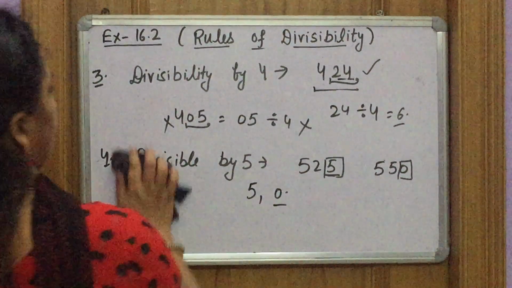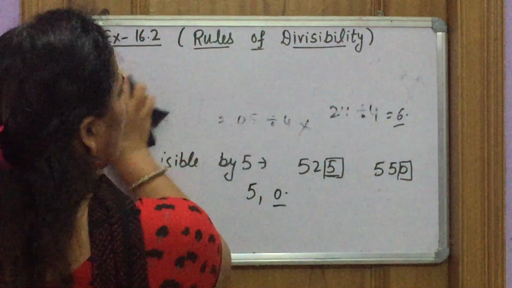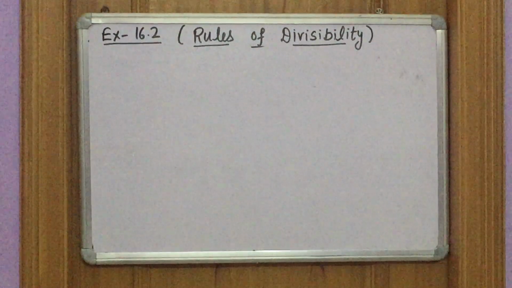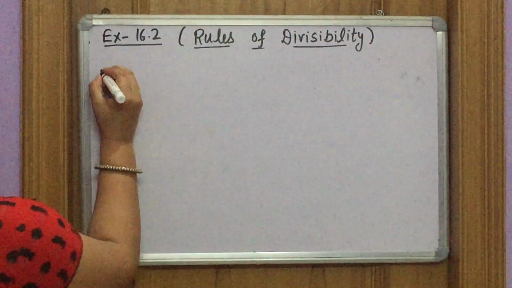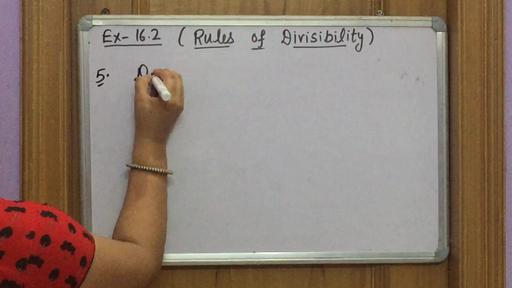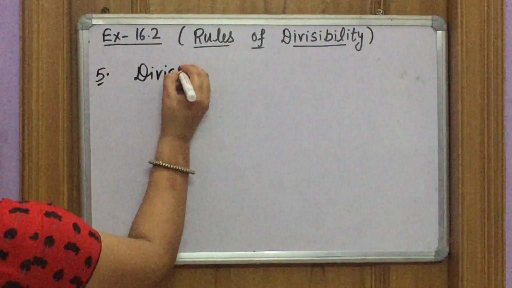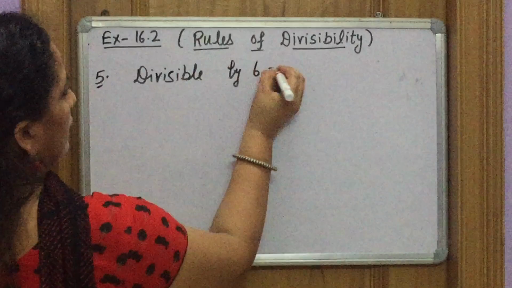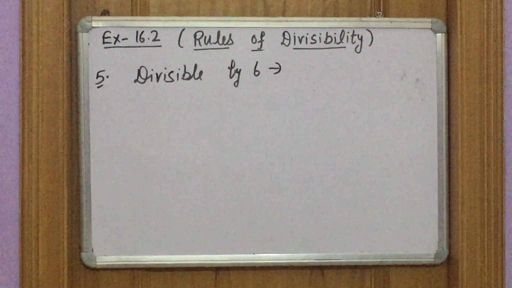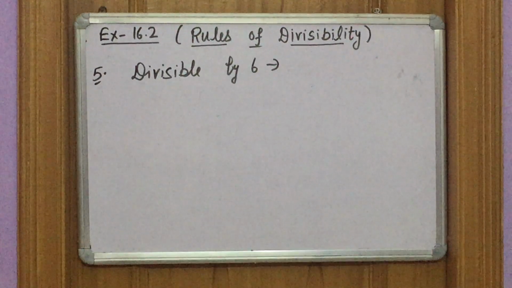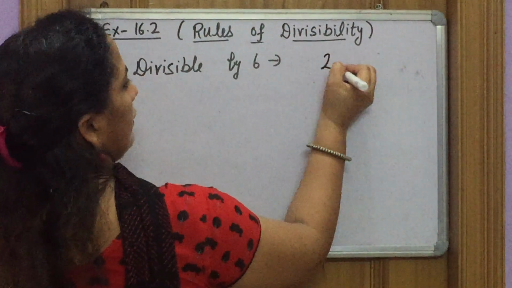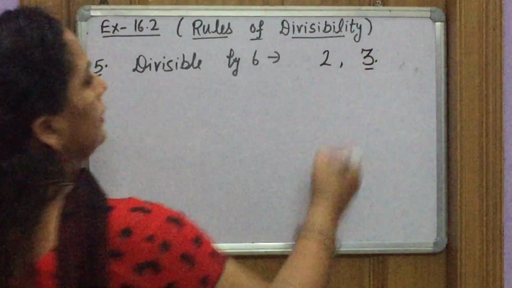Next is divisible by 6. To find out whether a number is divisible by 6 or not, just find out divisibility by 2 and 3.